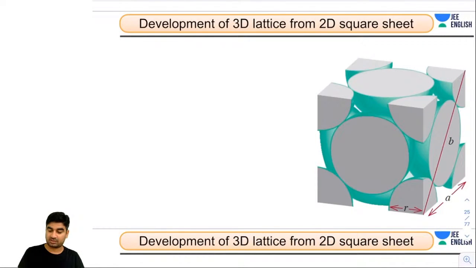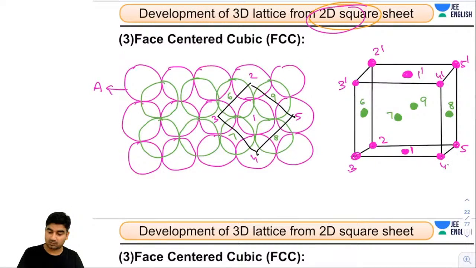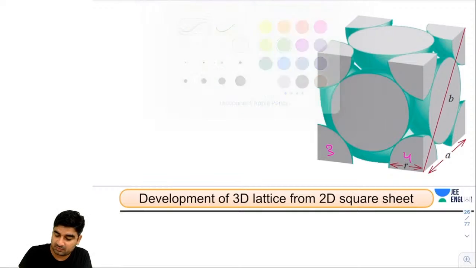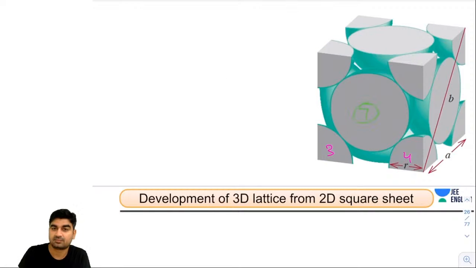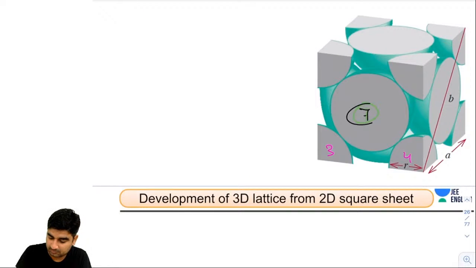So guys, you can say if it is 3, it is 4. So in 3 and 4, on this face there is a sphere number 7, right? If I'm assuming it as 3, it has 4, so then this sphere would be 7. Let me change the color. 7, right?